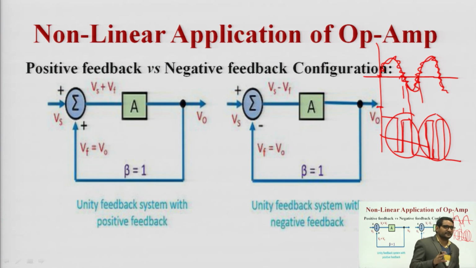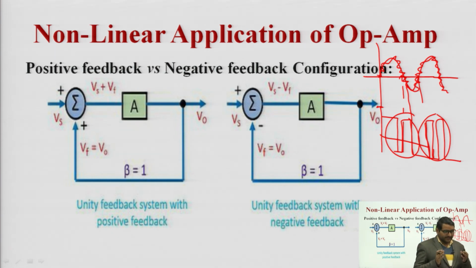Schmitt trigger is basically a positive feedback configuration of an op amp, where the op amp is operated in the saturation region, meaning the op amp output is either plus V sat or minus V sat. There are two feedback configurations, one positive and the other negative.